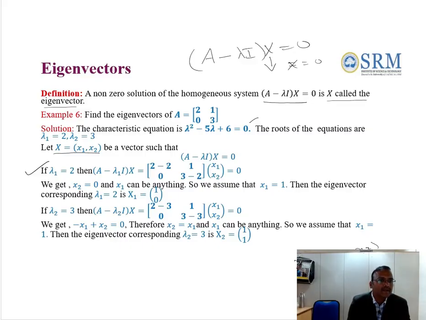Therefore 2 minus 2, 1. What is actually a? A is 2 1 and then 0 3, right. Then minus what is 2I? 2I means 2 0 0 0 2.